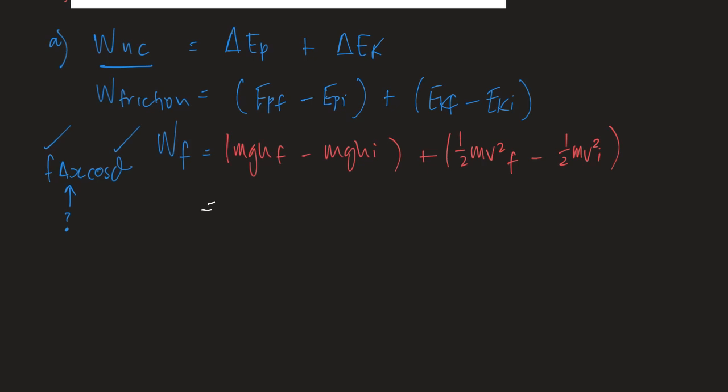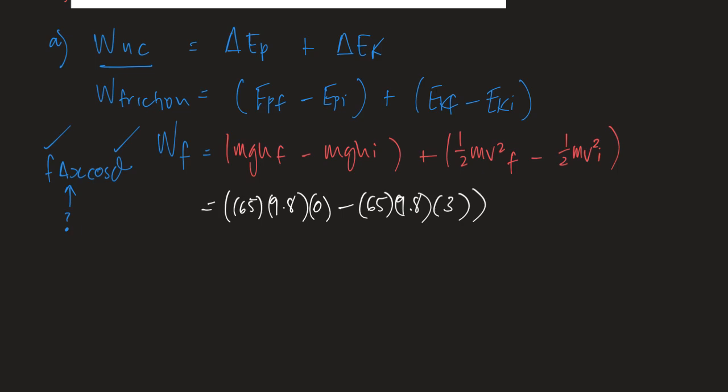Alright, so my final height is 0. My mass is 65 times 9.8 and the height was 0, minus 65 times 9.8 times 3.